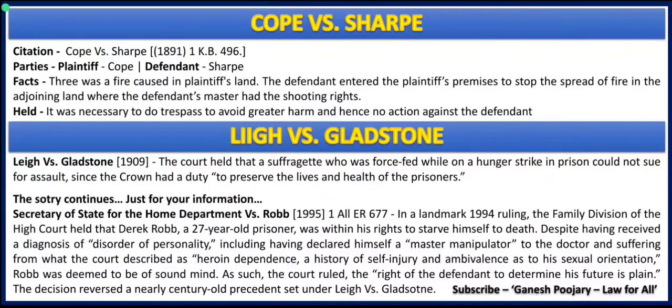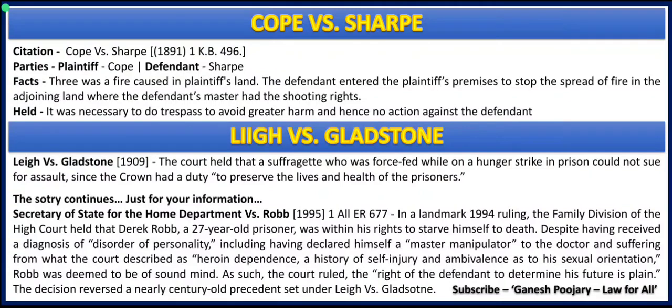The first case law that we are discussing here is Cope versus Sharpe. This is a very easy case law where there was a land which caught fire. The defendant, who is a servant of a particular person, tried to avoid the fire by trespassing on the plaintiff's property, and he successfully stopped the fire from spreading.